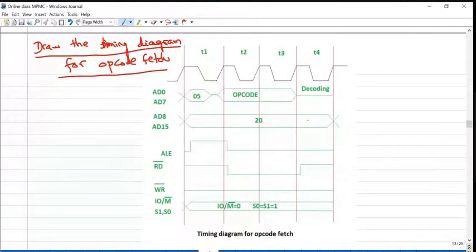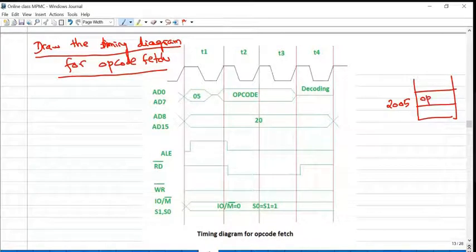Let us assume 2005. In this memory location the opcode is saved. One 8-bit hexadecimal piece of information is saved in this 2005 location.